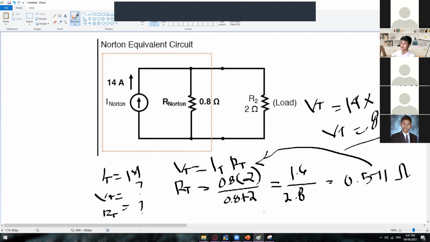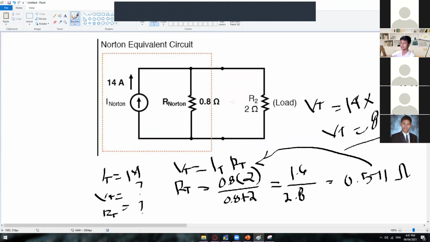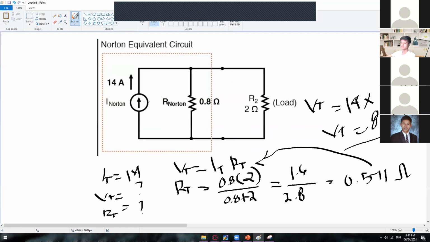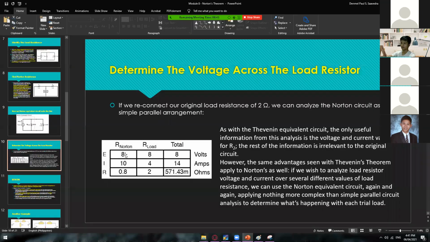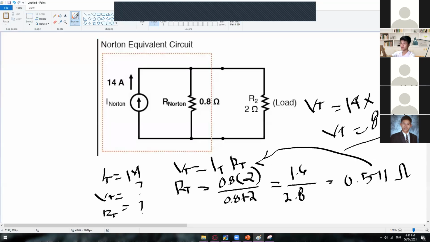Are we clear so far, and how did we get those values? Whatever the voltage across this point, they are just the same since they are in parallel: 8, 8, 8, 8. Here are their individual currents. We have a total current of 14, and then a current here of 10 amps and 4 amps right here.